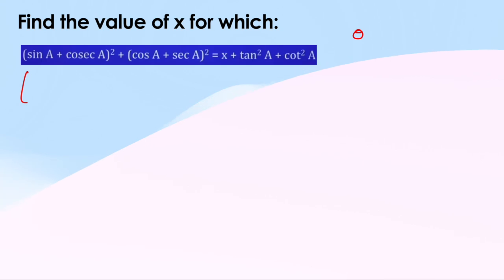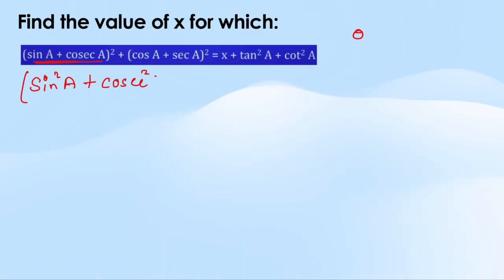So it will become sine a plus cosec a the whole square, so sine square a plus cosec square a, and why am I opening it? Because conversion of cosec to cot and conversion of sec to tan is easy. That's why I am opening it. Otherwise, I would have converted it into sine and cos format, right?